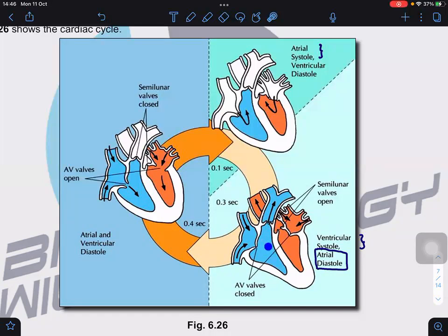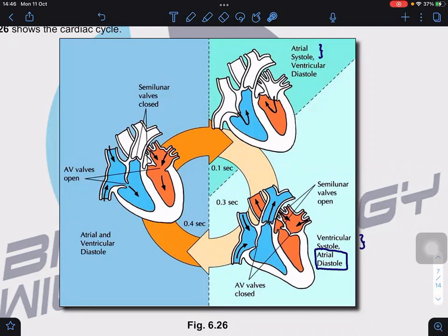So this pressure of the ventricle is higher than the aorta or pulmonary artery. Therefore, the blood can now enter into either the pulmonary artery or aorta, opening the semilunar valve. If you talk about the pulmonary artery, then this is the pulmonary valve. If you talk about the aorta, then this is the aortic valve. Both of them are semilunar valves.